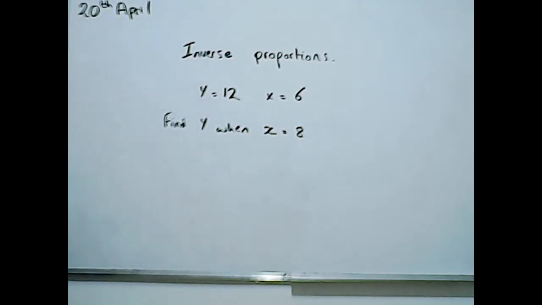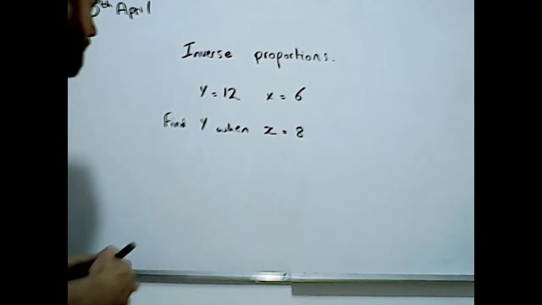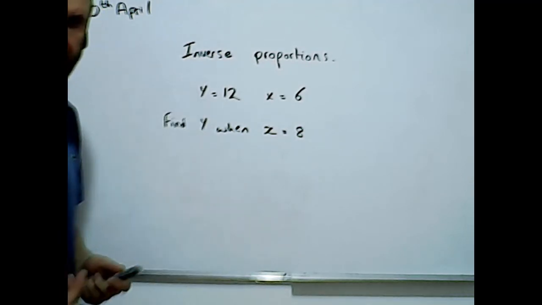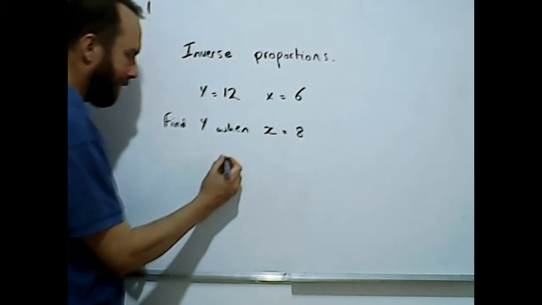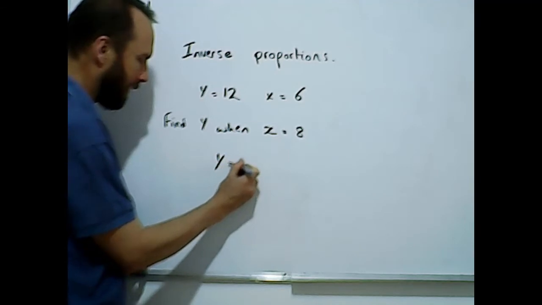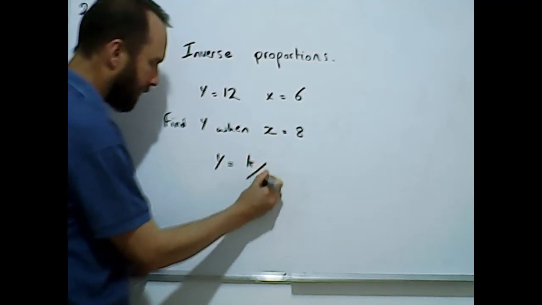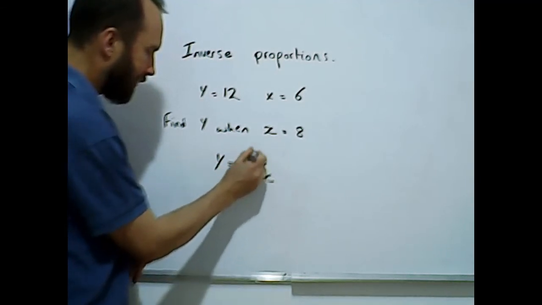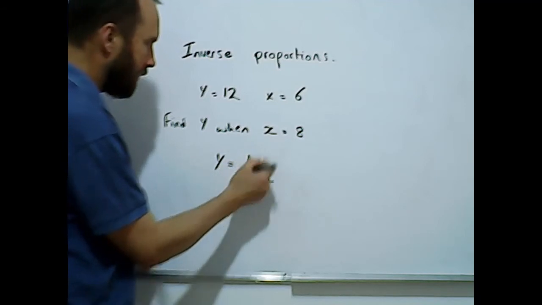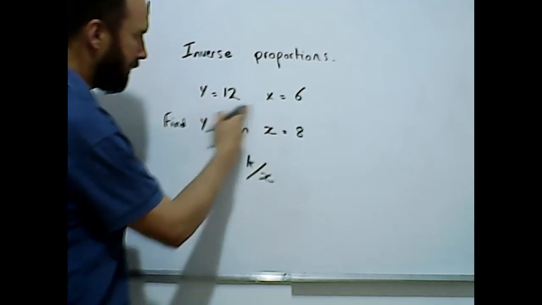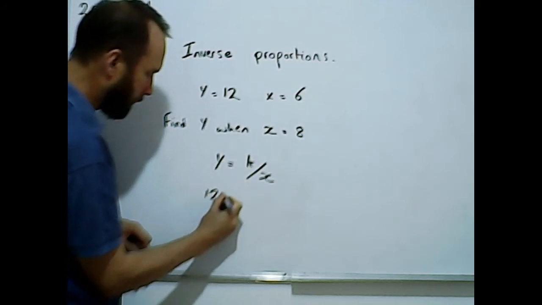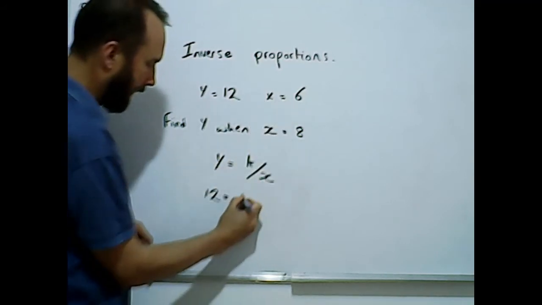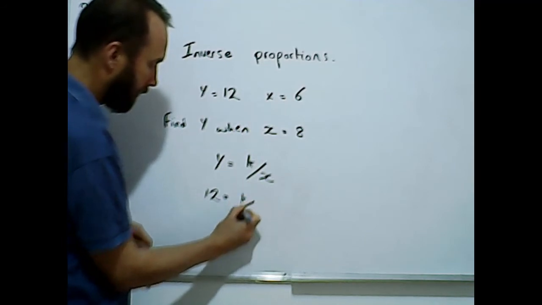Now then, we know this is an inverse proportion because it says it in the question. Our formula for an inverse proportion is y equals k over x. We need to find k. So, all we do is put in the values that we know. We've got y, 12, equals k over 6.